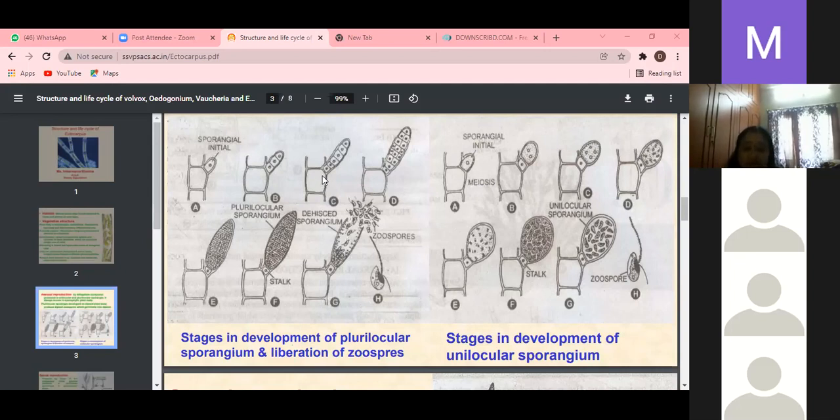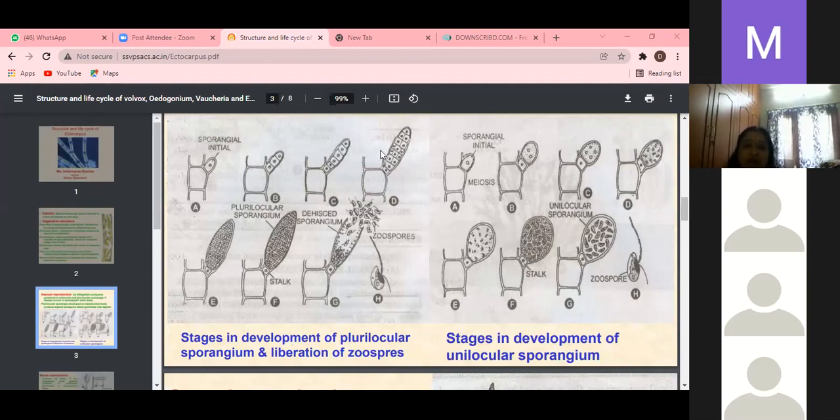What is the meaning of asexual plant? That is a sporophytic plant. They are present at the end of the lateral branches.